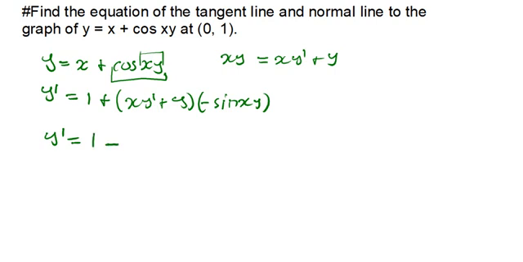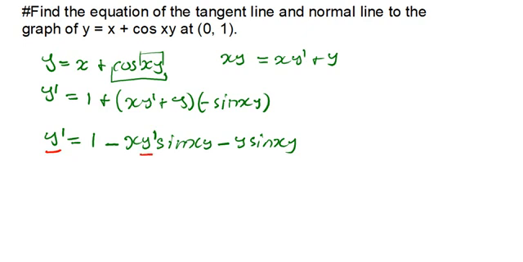So our y prime will be equal to 1 minus, and I'll just distribute the sine xy inside. Here we have x y prime sine xy minus y sine xy. What we are looking for is the first derivative, so we need to make y prime the subject of the formula.